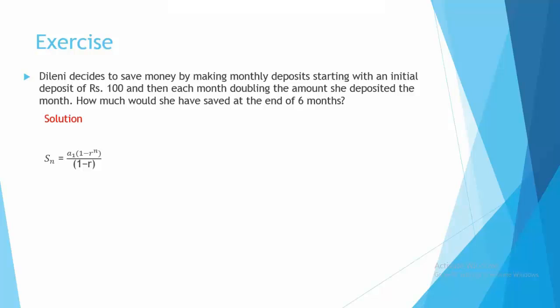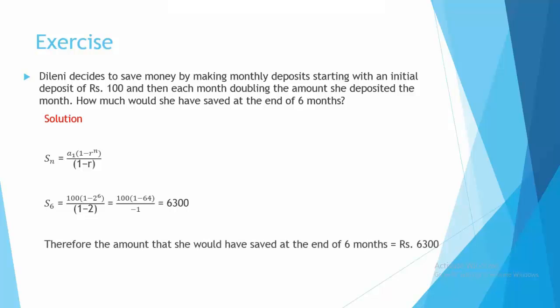Here the common ratio is 2, as the amount she deposits each month is doubled. So S6 equals 100 times 1 take away 2 to the power 6 over 1 take away 2, which equals 100 times 1 take away 64 over negative 1, which equals 6,300. Therefore, the amount that she would have saved at the end of 6 months equals 6,300 rupees.